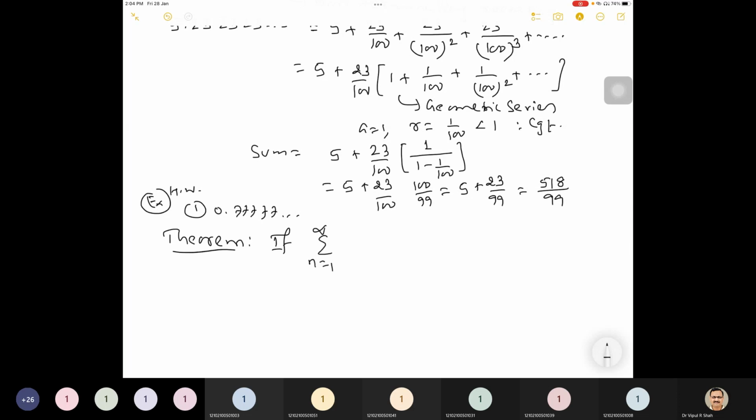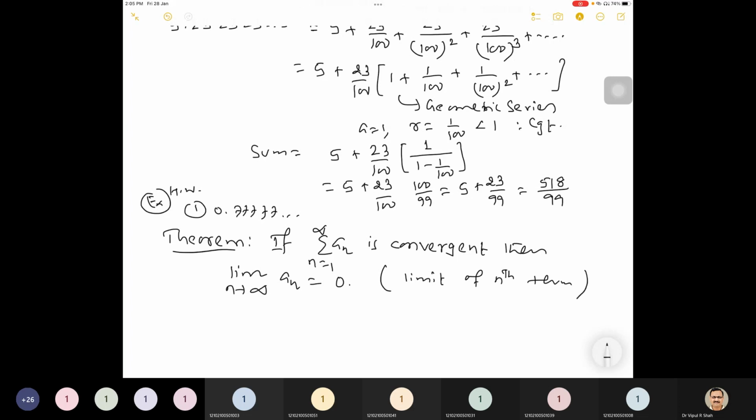If the series, infinite series an, is convergent, then that's what we have seen. Limit n tends to infinity, an must be 0. Limit of nth term must be 0.